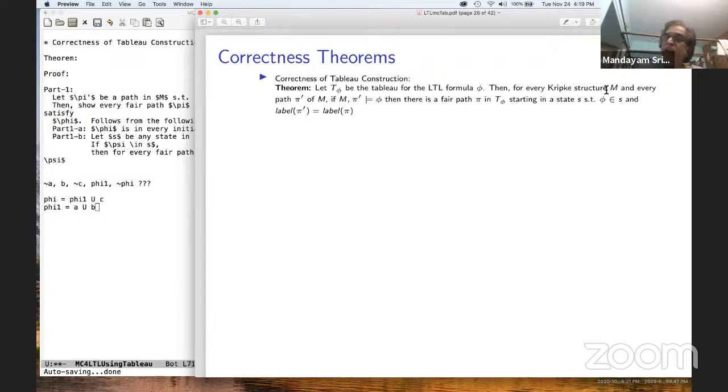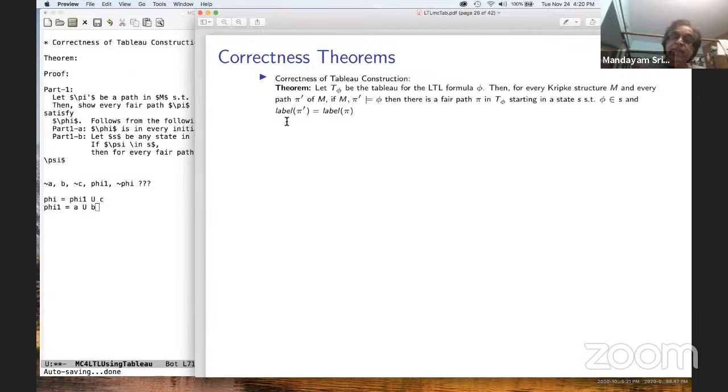Then for every arbitrary Kripke structure M, and every path pi prime in that M, if pi prime satisfies that formula, then there is a fair path pi in the tableau starting in a state S such that phi belongs to S.